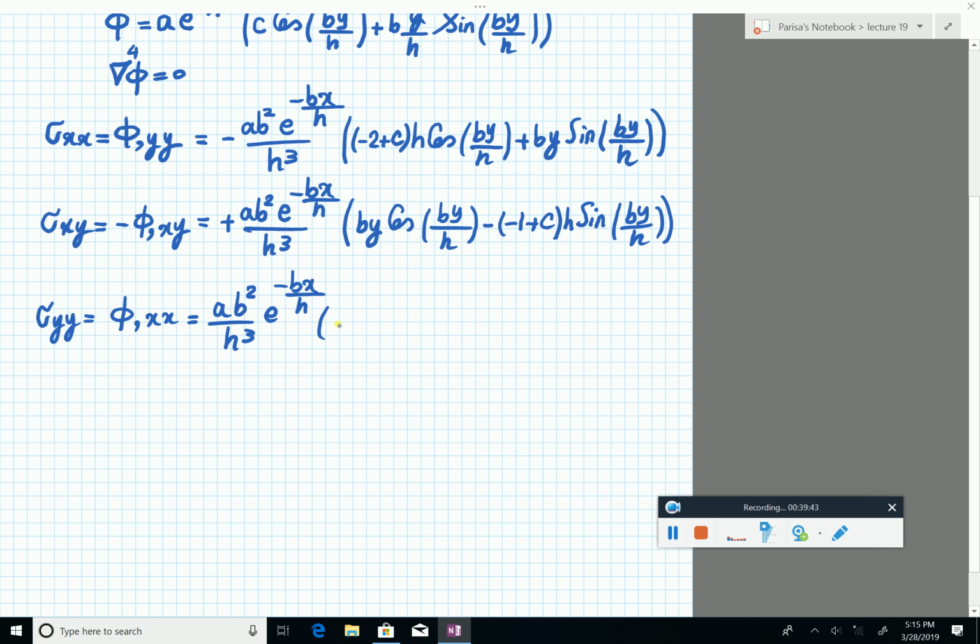So when I say to use MATLAB or Mathematica or whatever tool you are using, if you give the function, then you can calculate these derivatives without actually calculating them by hand, because it's easy to make mistakes.